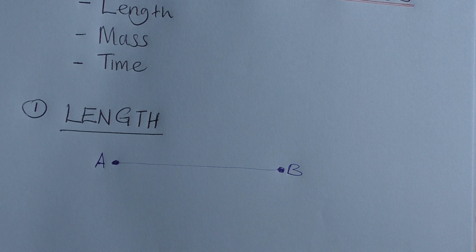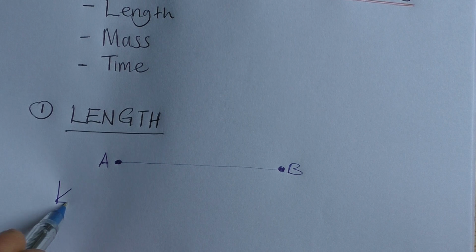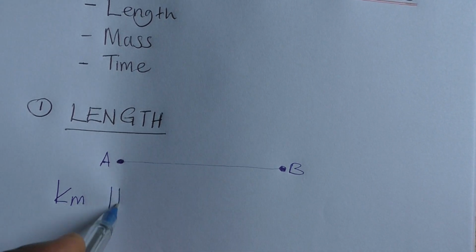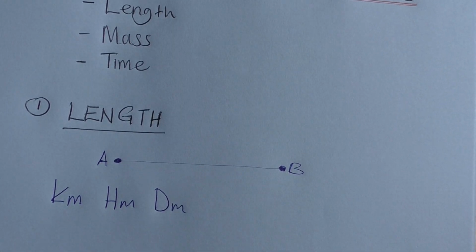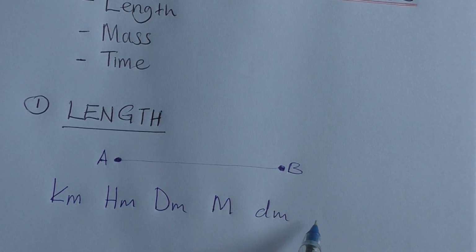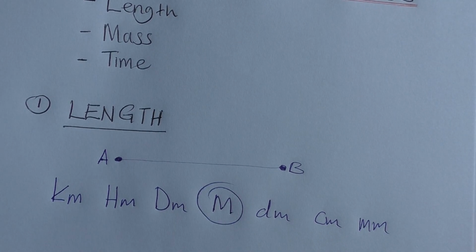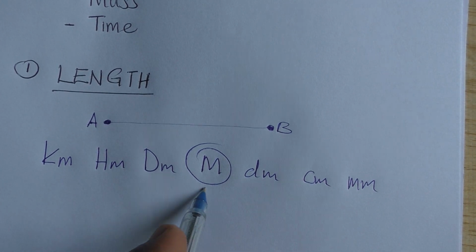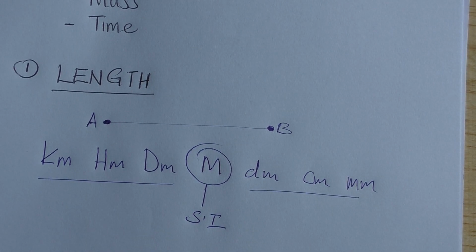Length is measured in meters as the SI unit, and other units of length include the kilometer, the hectometer, the decameter, the meter, decimeter, centimeter, and the millimeter. So this is the SI unit, and these are other units.